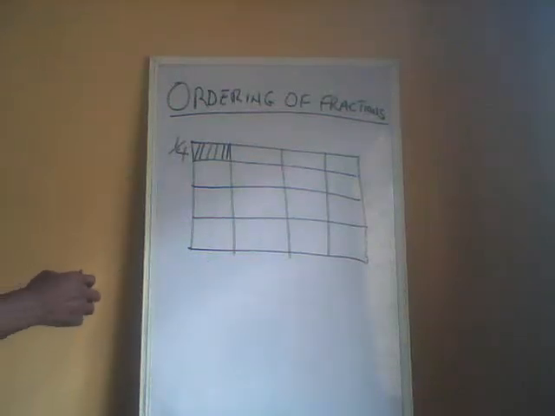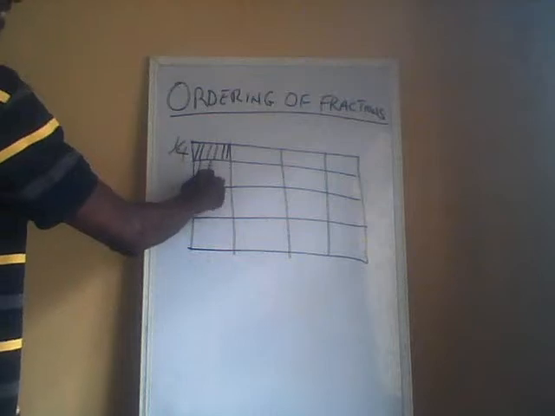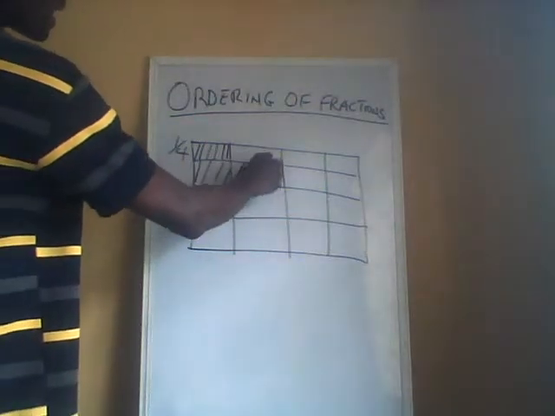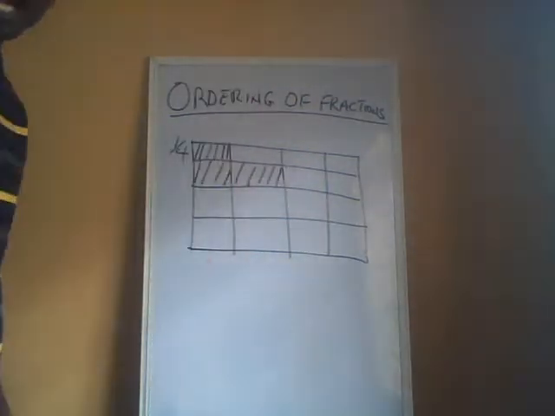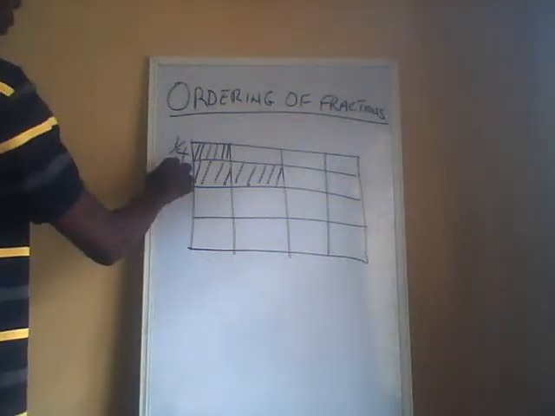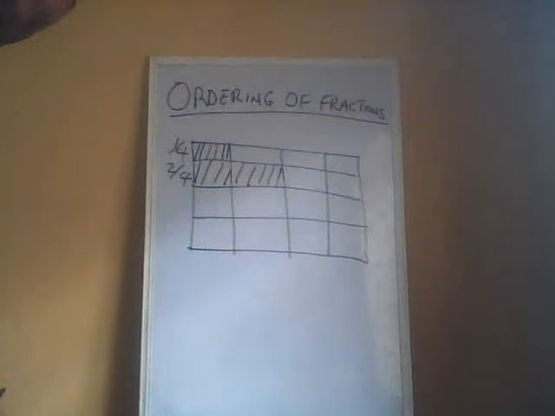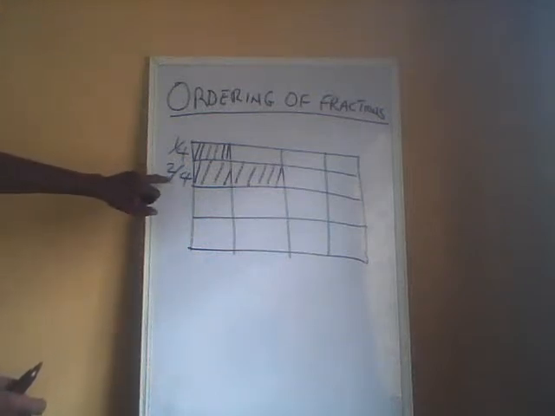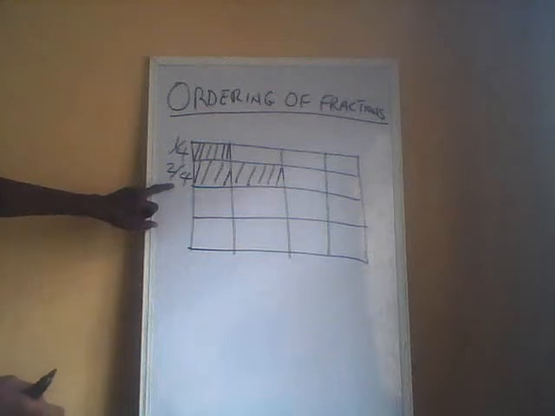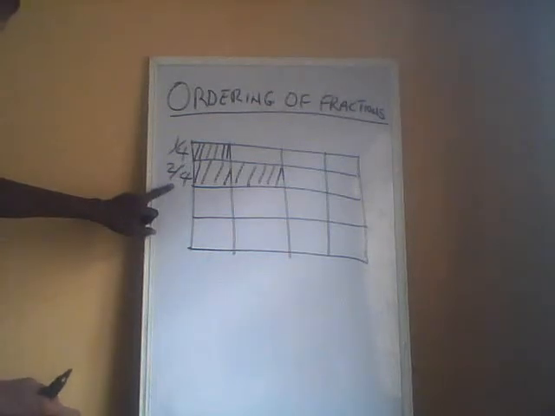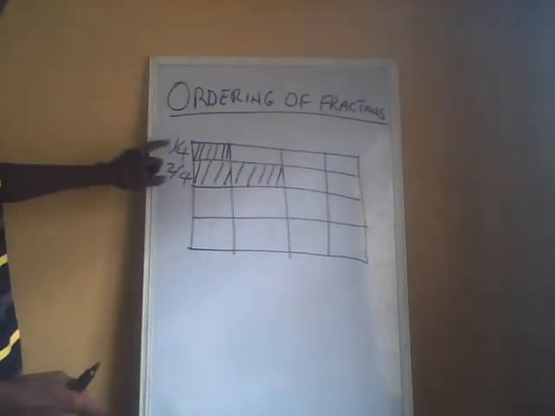Then someone else came and shaded 2 out of 4. So this is 2 out of 4. And we ask, who shaded the more? You see that the one that shaded 2 out of 4 did much more work than the one that did 1 out of 4.